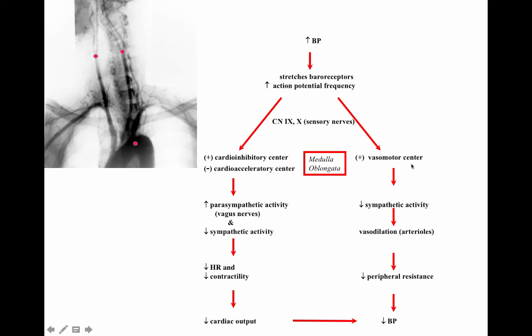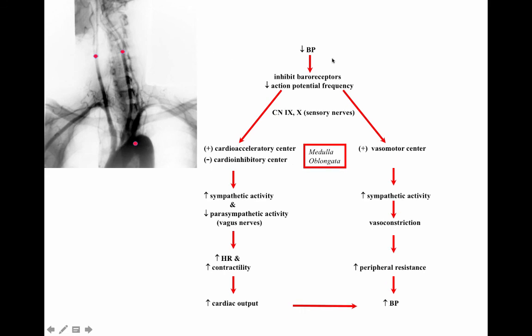On this side with the vasomotor center, the sympathetic activity is reduced, vasodilation, so the arterioles open, and peripheral resistance is reduced, and we see blood pressure drop.